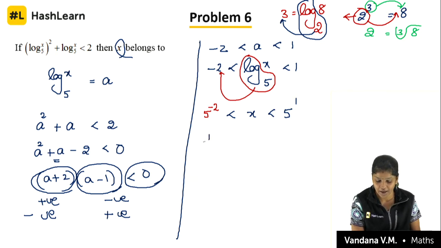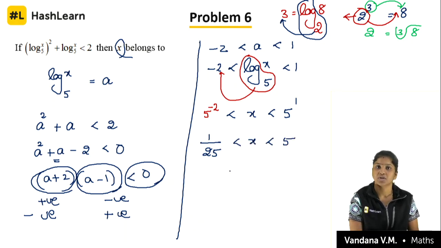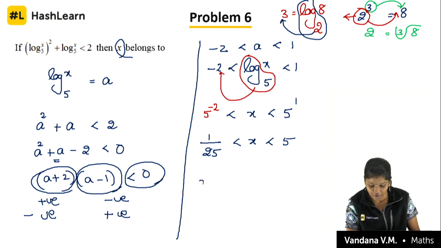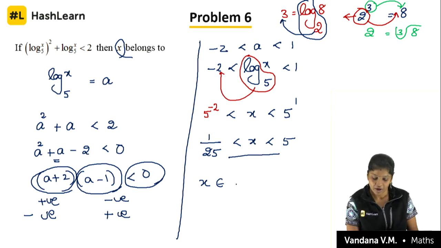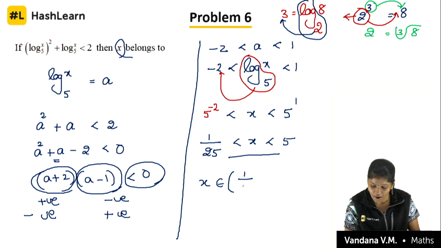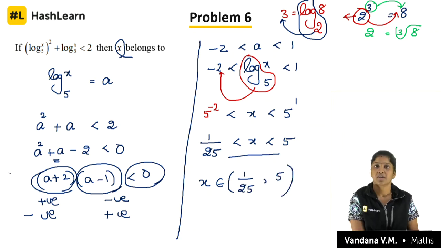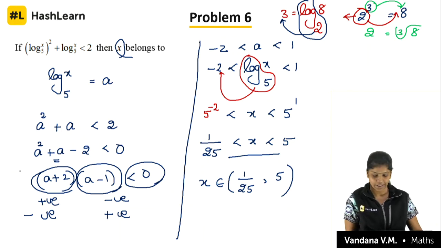Clear? So, it becomes 1 by 25 less than x less than 5. How will you write the solution set? Equal to symbol is not there, so it must be an open interval. So, the open interval (1 by 25, 5) is your solution set. Is it clear? Yes. Next.